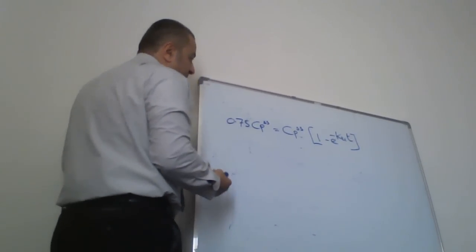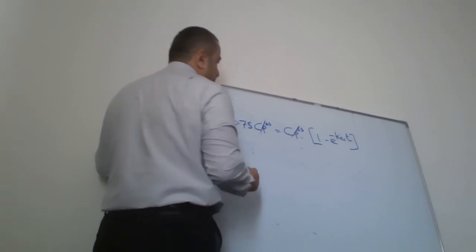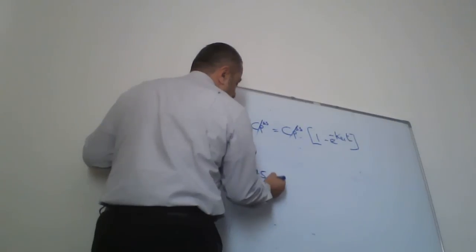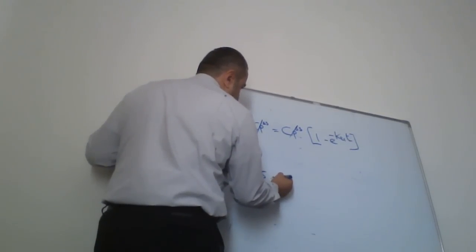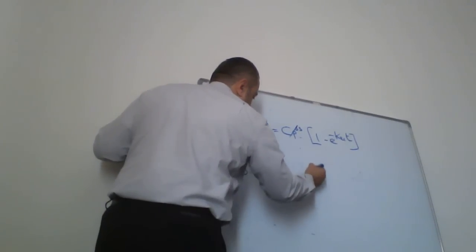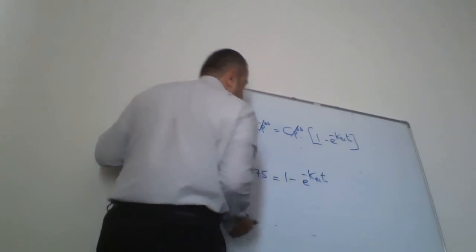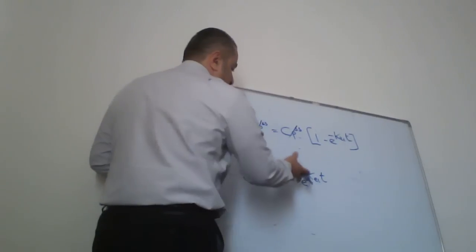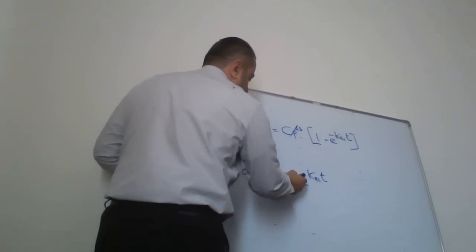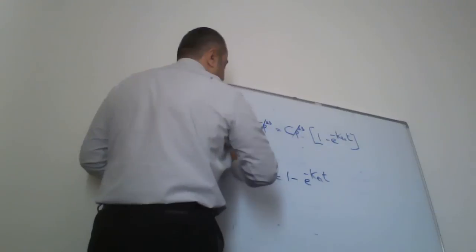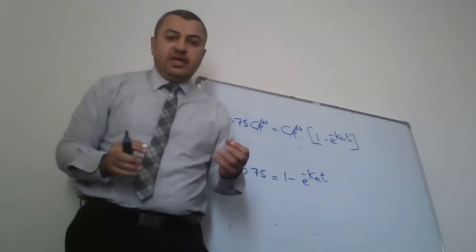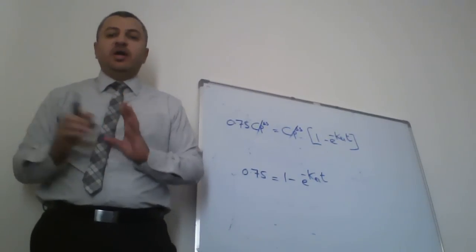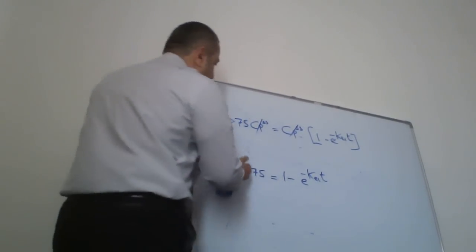If you do the math and you take CPSS with CPSS, then you will get that 0.75 is equal to 1 minus e to the power of minus KLP t. Take 0.75 there, 1 minus 0.75, a quarter, 0.25, and take the e term to the other side. What we will get is 0.25 is equal to e to the power of minus KLP t. This is what I do.